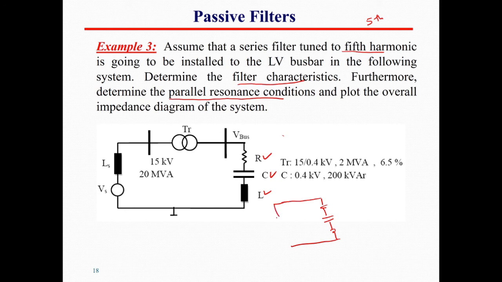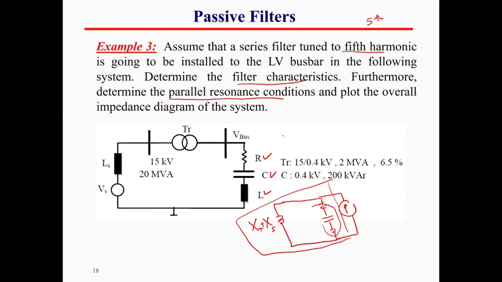Then over here we're gonna have the inductance that includes the transformer. So this one will be X for the transformer plus X for the source. And over here we have the equivalent circuit for the harmonic. So we're gonna have over here series resonance, then over here we're gonna have parallel resonance.